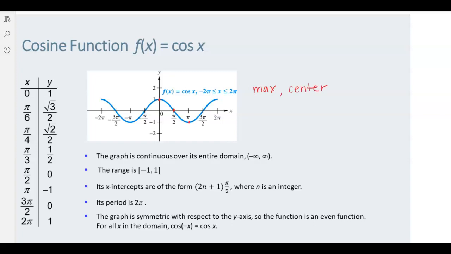We go down to a minimum value, back to the center, and then up to a maximum point again. And then it will repeat. Again, this graph is going to continue, go down to the center, minimum, center, and so on. This is the pattern that cosine will always follow.